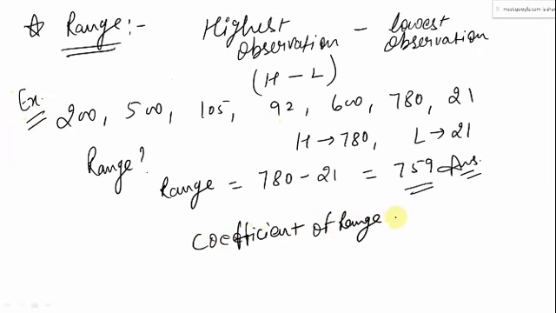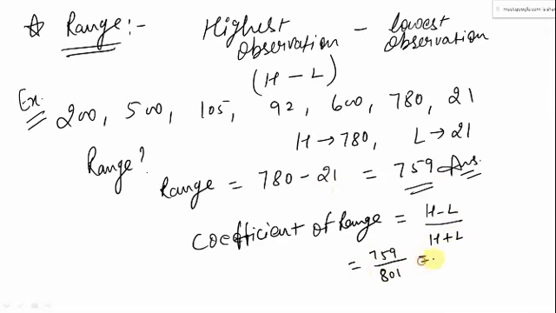Quickly, anyone can tell. It is the highest minus lowest divided by highest plus lowest. Highest minus lowest we have already seen, 759, divided by highest plus lowest, which will be 801.